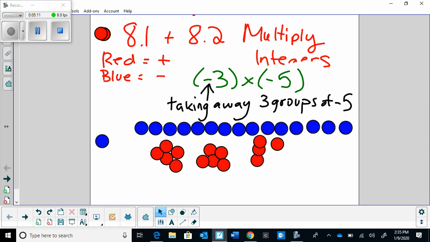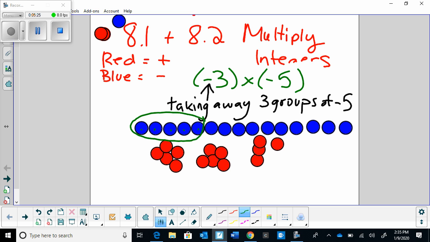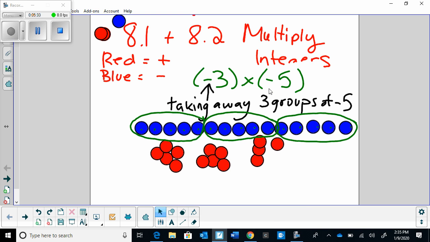All together there, we have 15 blues. That's what we're starting with, and we have 3 groups of them. So 1, 2, 3, 4, 5, that's one group. 1, 2, 3, 4, 5, that's another group. 1, 2, 3, 4, 5, that's another group. So that's 3 groups of negative 5, and all together this gives us negative 15.